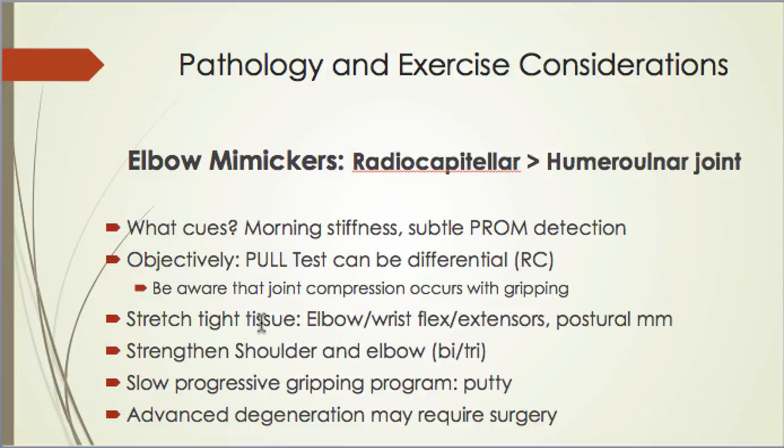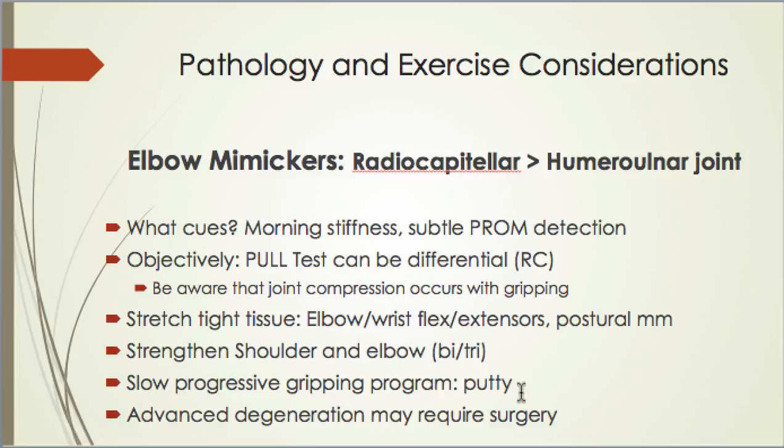Here, we want to stretch tight tissues, obviously, maybe the elbow and wrist flexors and extensors, and work on postural muscles, and strengthen the shoulder and the elbow, biceps, triceps, and everything around. Slow progression of gripping program. So if we have a radiocapitellar problem and that joint loads with gripping, we want to progressively increase that slowly.